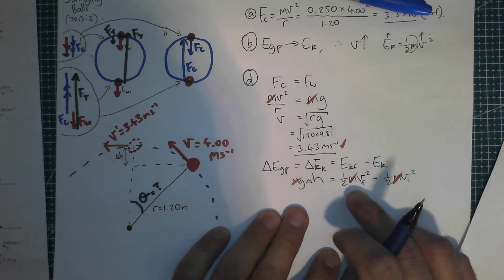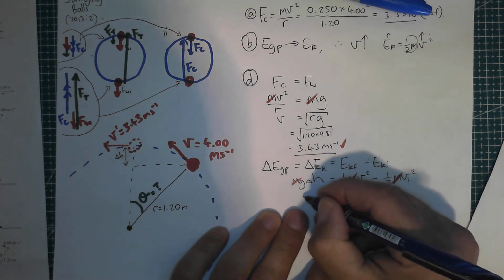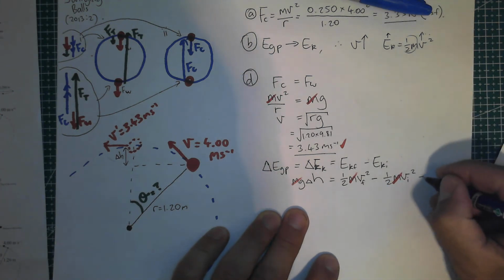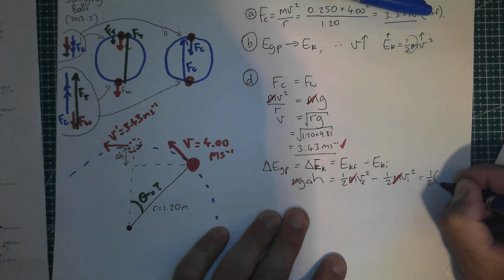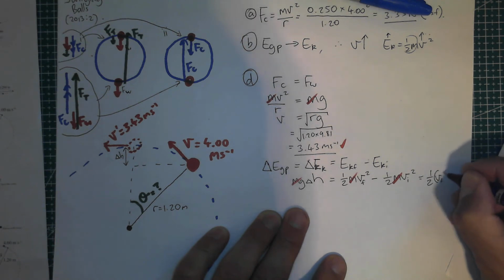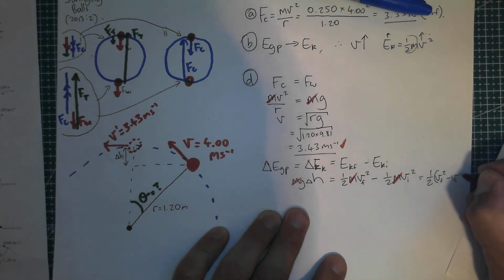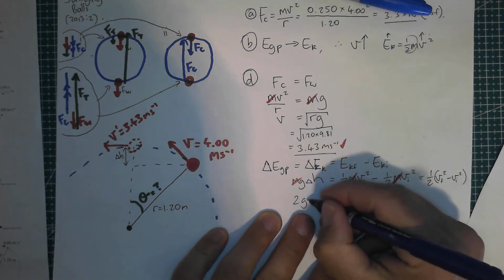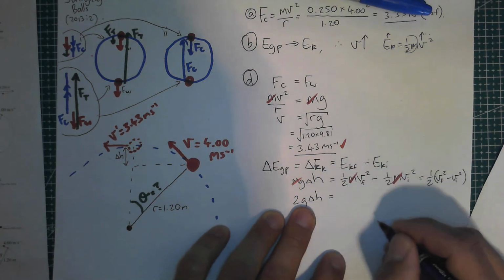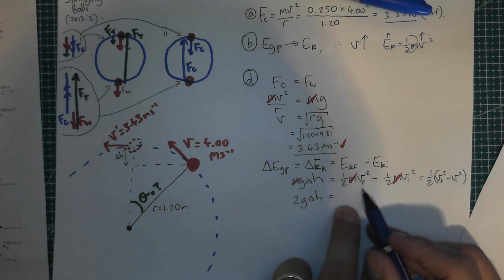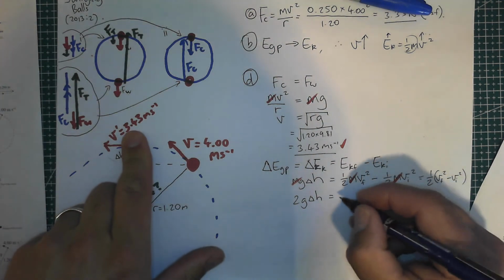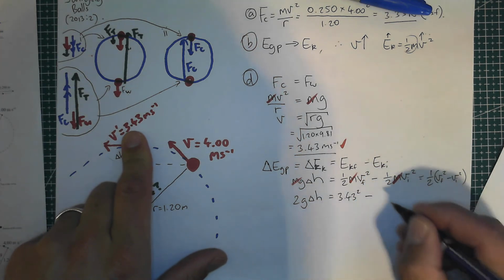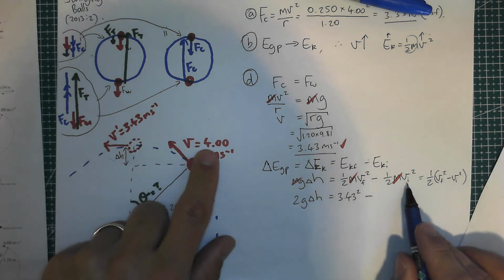So first I'm going to take out a factor of this half. So if I simplify this down, it's Vf squared minus Vi squared. I'm going to take this half over to the other side. So I get 2g delta h is equal to, and here I'm going to substitute in my velocity. So the final velocity is the one that I calculated previously. Don't forget to square it, minus the initial velocity, which is this one here.